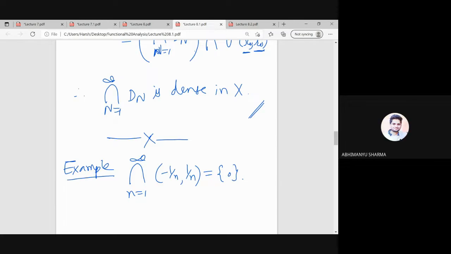Yes, sir. So this is the example. All these sets are open, but the infinite intersection of open sets is closed. Therefore, in the topology definition we take arbitrary unions and finite intersections of open sets. Finite intersection of open sets is open, but that is not true for the infinite intersection.